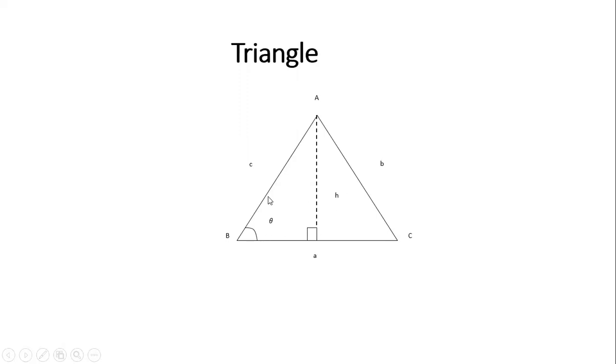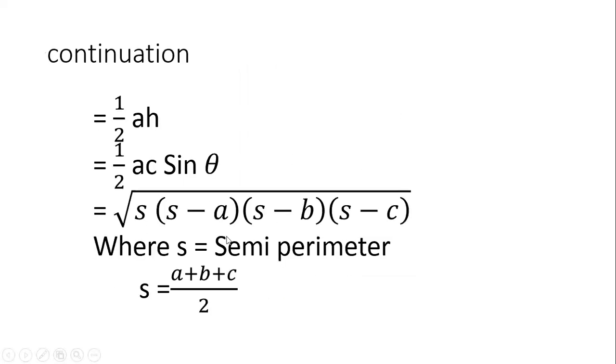Making H the subject of the formula gives us H equals C sine theta. If C sine theta is then substituted for the value of height, we have half AC sine theta, half AC sine theta, given to you also.